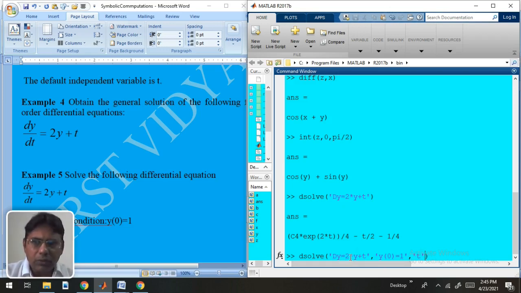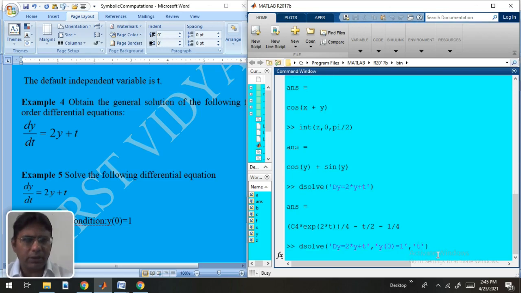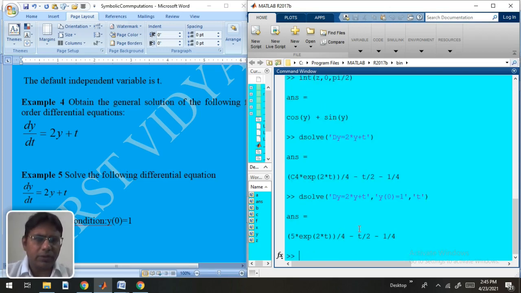Dy is equal to 2y plus t, this we have already written, then we have added y0 is equal to 1, and here we can check. This is the solution we get when we give the initial condition.